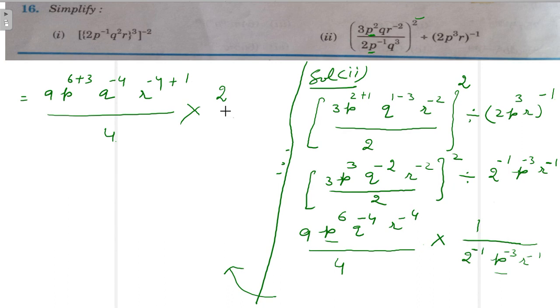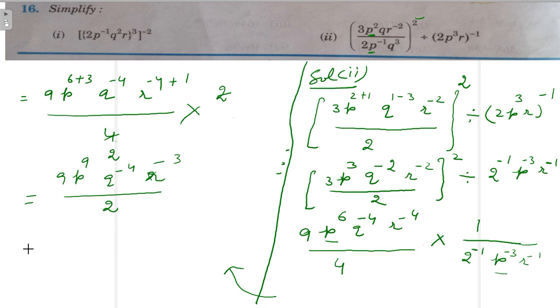So now students, this will cut down with this 2, and it would become 9p raised to power 9, q raised to power minus 4, sorry, r raised to power minus 3, right, upon 2.